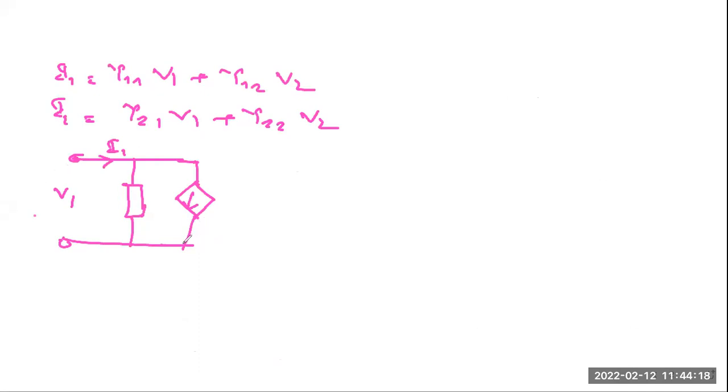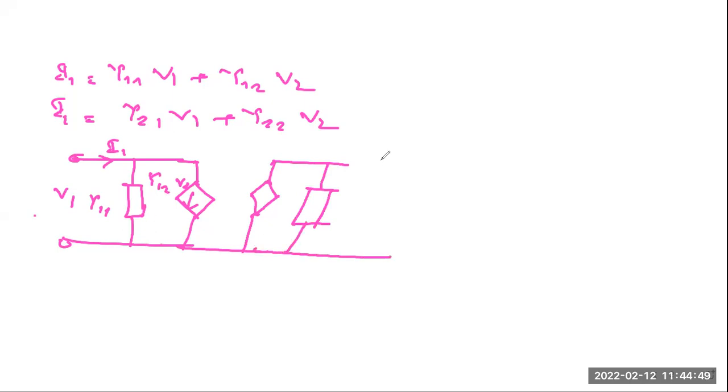So let me draw this circuit first. This is your Y11 and this is your Y12 V2. Now here you have another dependent source. This is your V2, this is your I2.